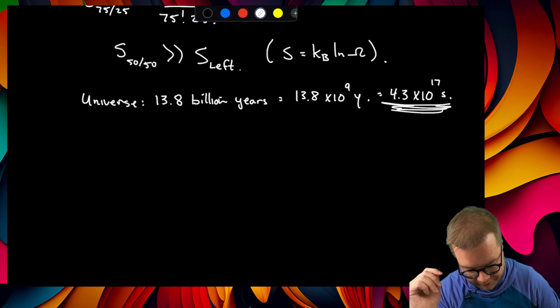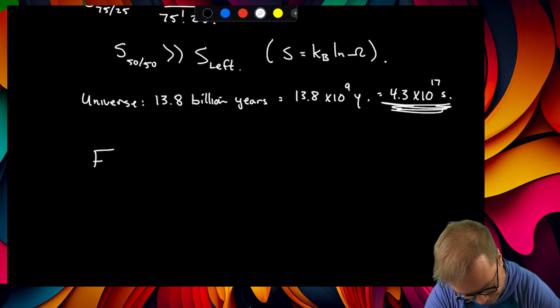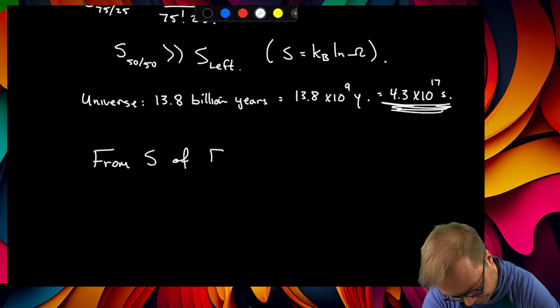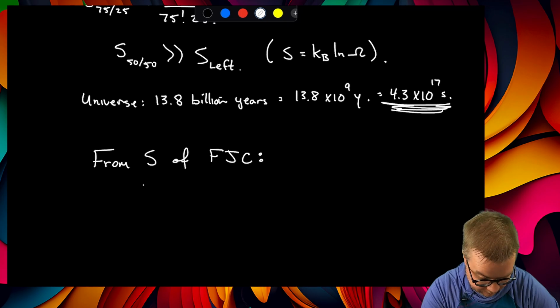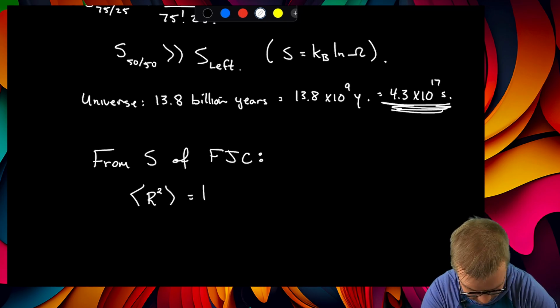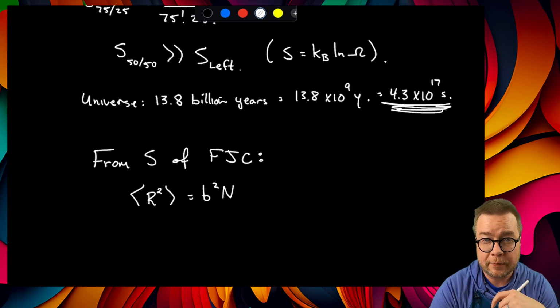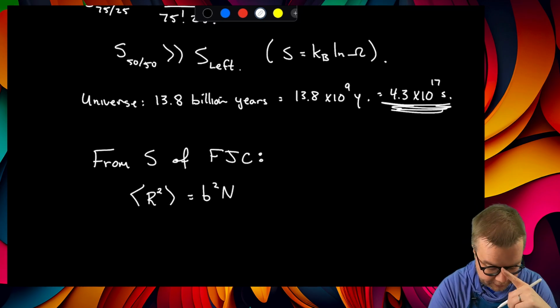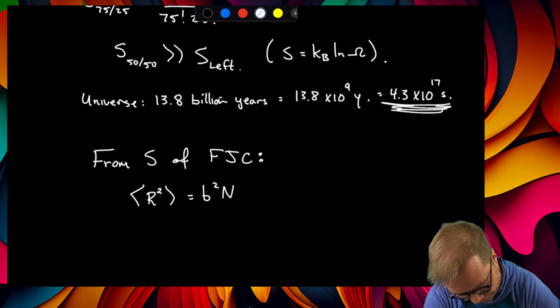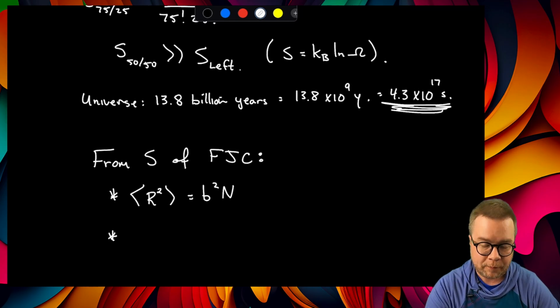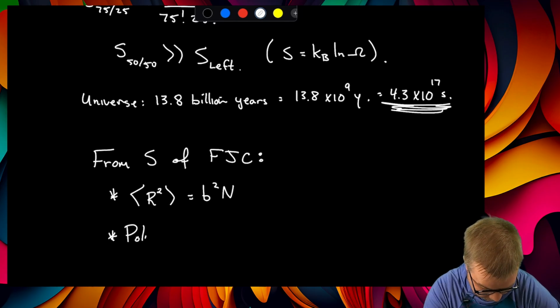From the entropy of a freely jointed chain, the first thing we'll find is the expression that the mean squared end-to-end distance can be written as b squared times N, where b is the statistical segment length and N is the degree of polymerization. The second thing that we're going to find is that polymers behave like springs.